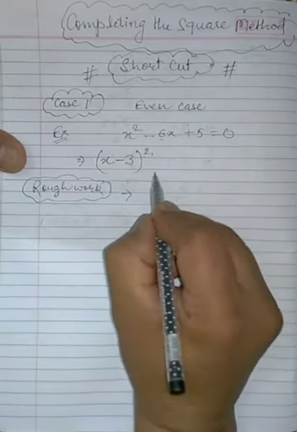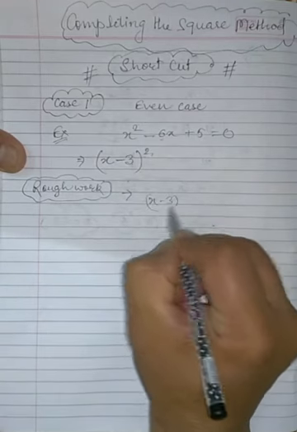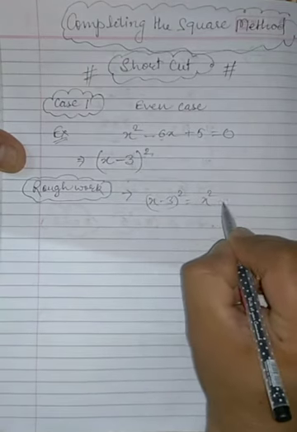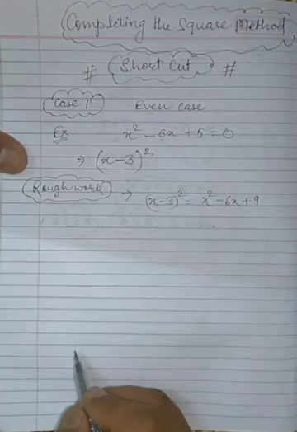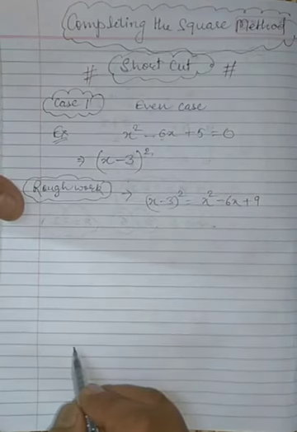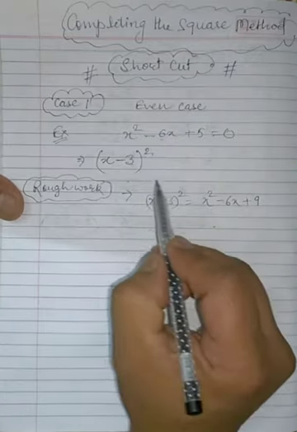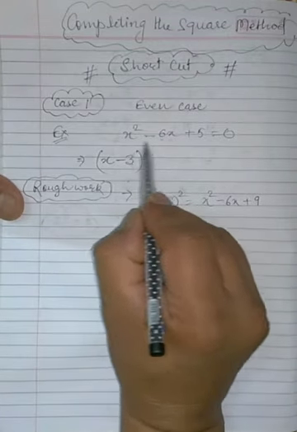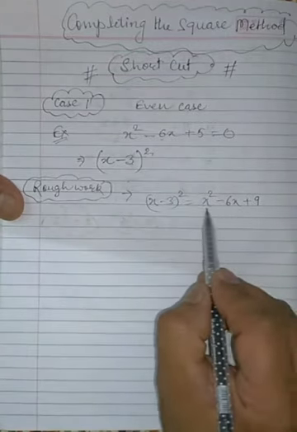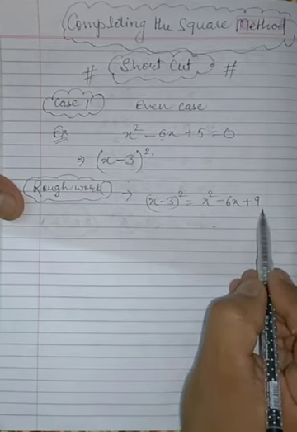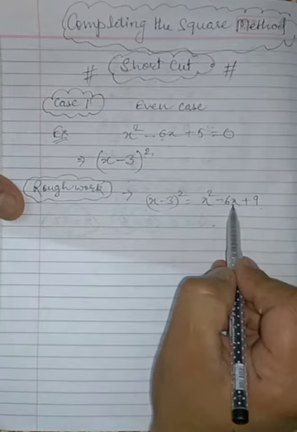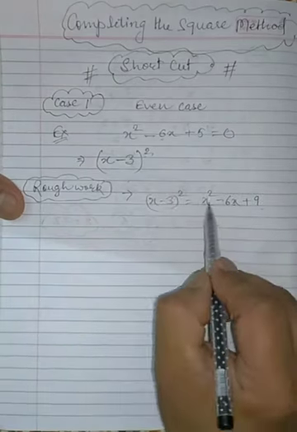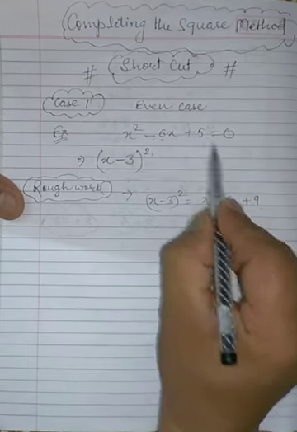So when you expand this, x minus 3 whole square is equal to x square minus 6x plus 9. Is that right? Now if you compare this equation with this equation, you will find that the first term and second term are already matching. These two terms are matching, but this number is not matching.